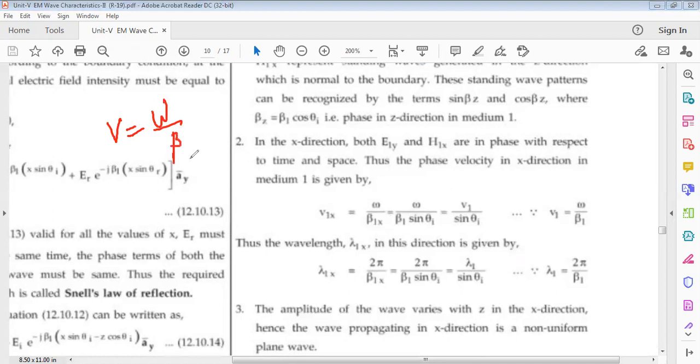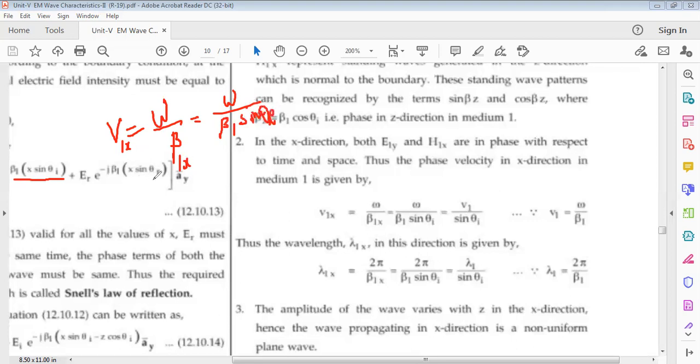Since the incidence is in medium 1, it is beta 1 and V1. In the x direction, V1x is equal to omega by beta 1x, and in the expression we get beta 1 into sine theta I.